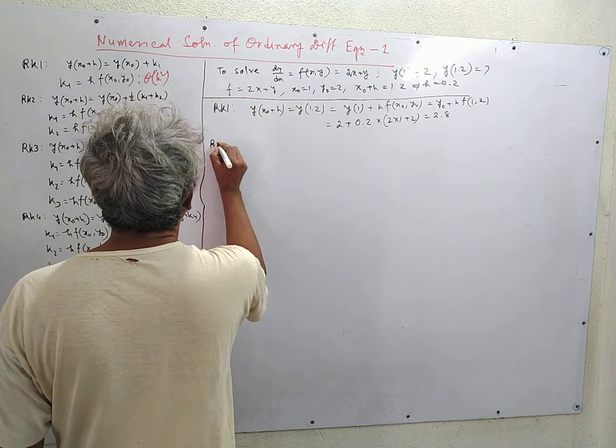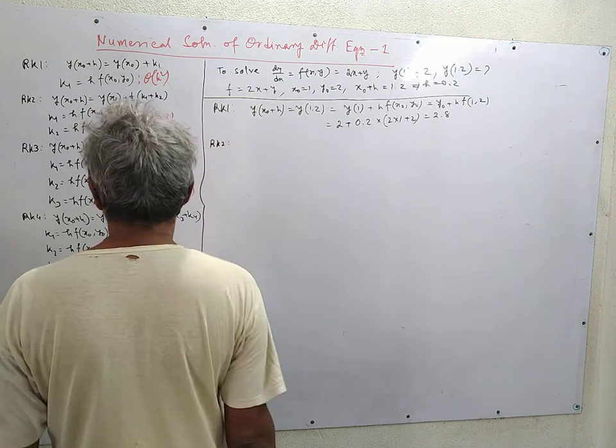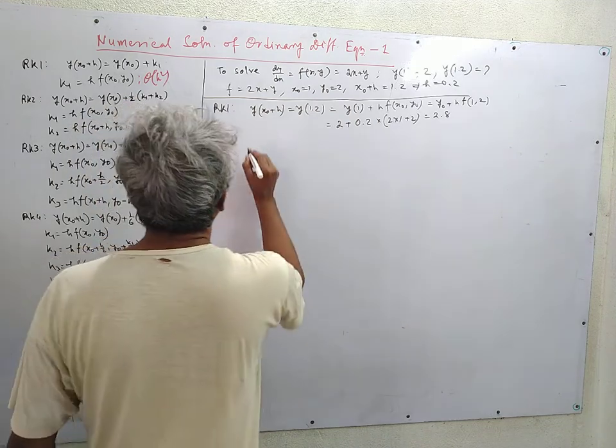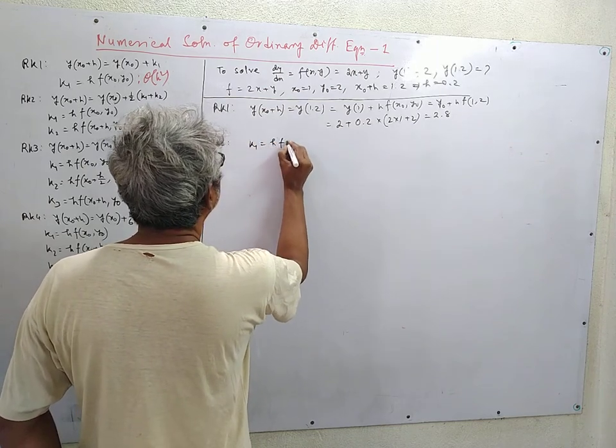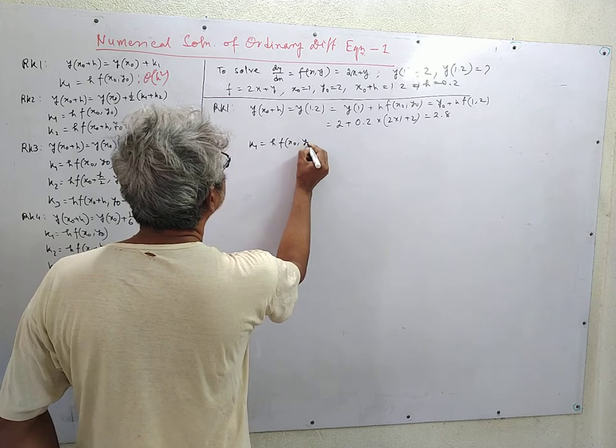Now we use the RK2 method. For RK2, we need to calculate first k1 equal to h f of x0, y0.